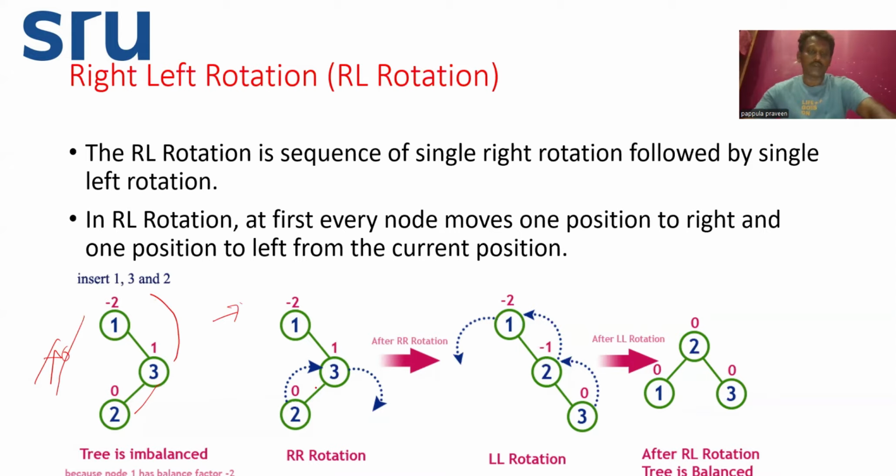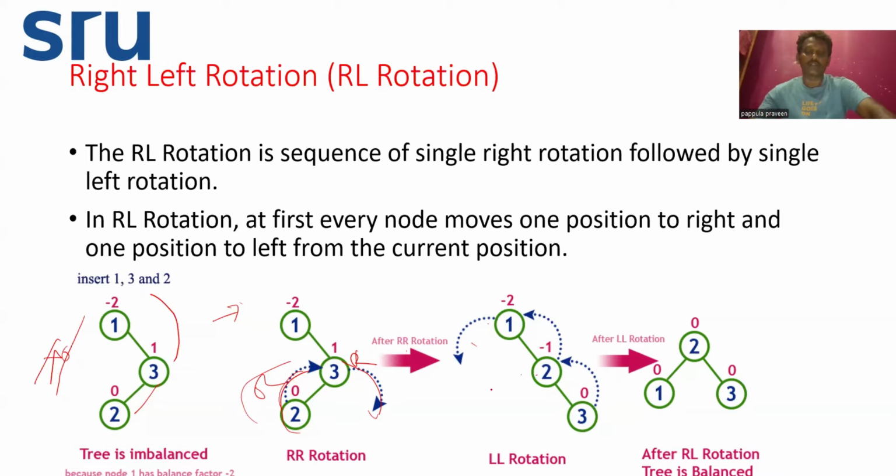From this one, now you observe here the right left rotation. First, what should we do? Now single right rotation. Now 2 is moved to right, and 3 is moved to right. Observe here, this is right rotation and this is right rotation. After right rotation, we get the elements 1, 2, 3. So now this is the right skew tree.